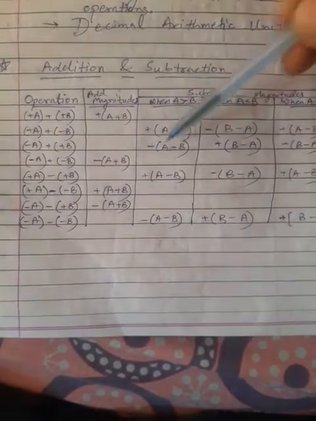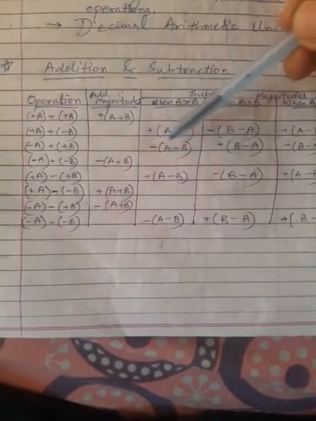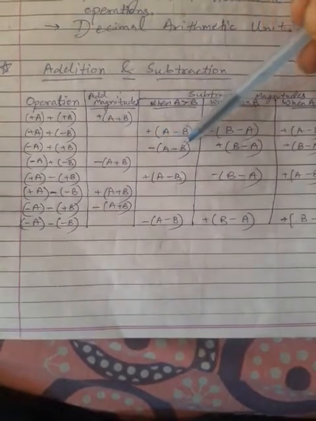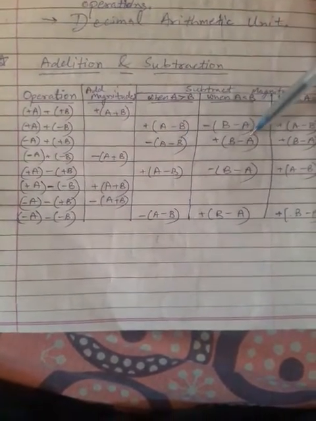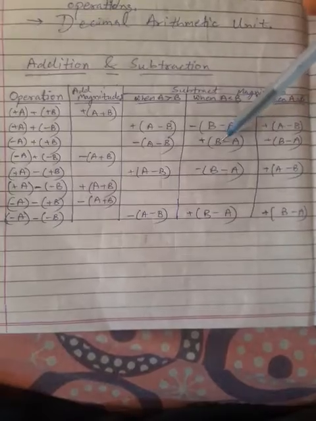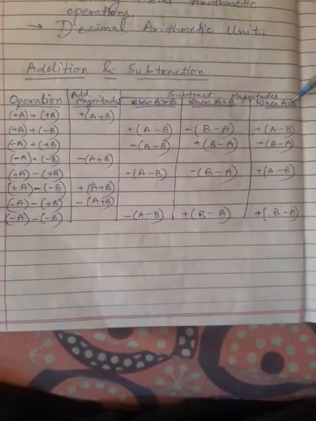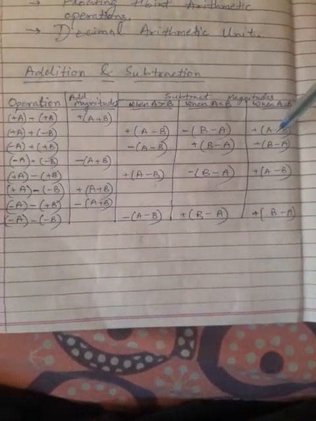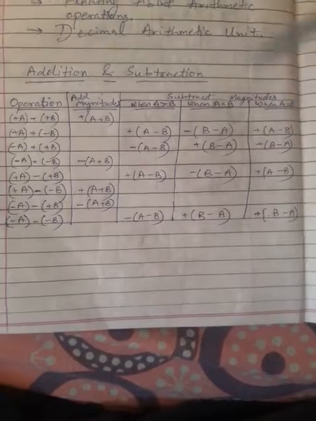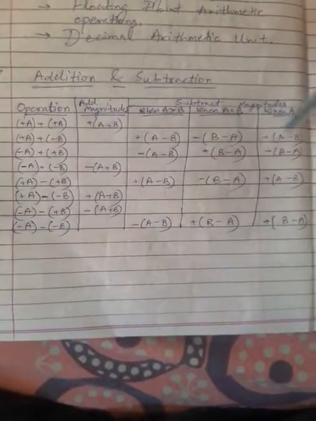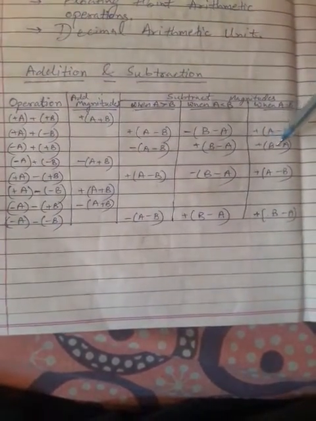Here, if a is greater than b, then we take the minus sign outside, and a minus b will be in the bracket. If b is greater than a, then the plus sign will be outside and b minus a will be there. If a equals b, then whether we take plus or minus, the answer will be 0. We can also write minus a minus b, and the answer will also be 0.